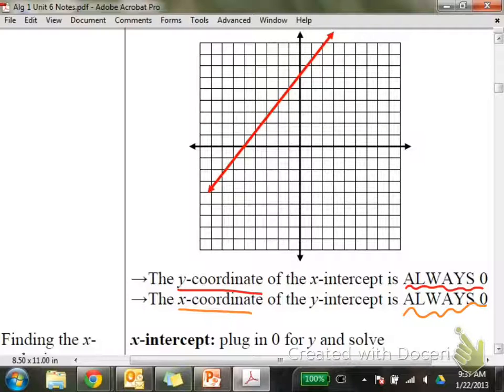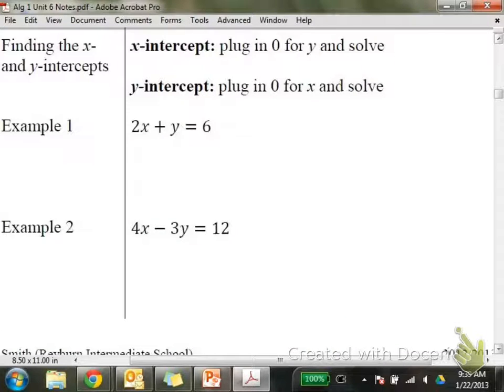If I'm looking for the y-intercept, x is equal to 0. Always. First thing we have to figure out is how to find the x and y intercepts. If you are looking for the x-intercept, you plug in 0 for y and solve. If you are looking for the y-intercept, you plug in 0 for x and solve. So we're going to do the opposite.